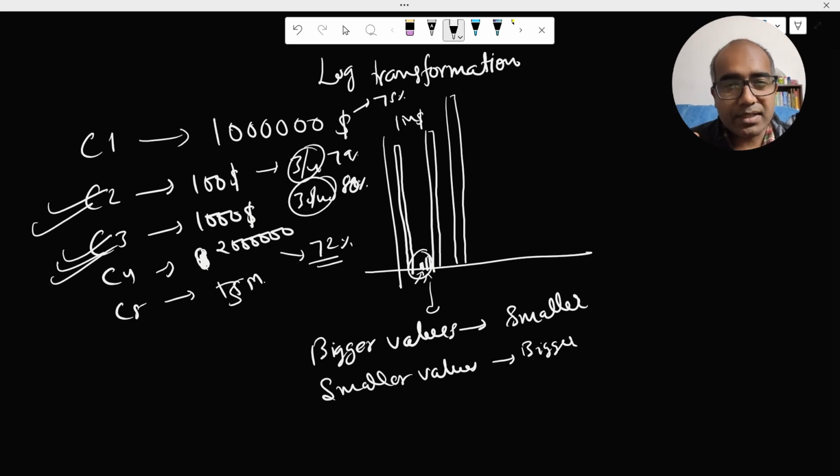You need a magical kind of glass. You can just assume that you have got a magnifying glass. When you put that magnifying glass onto this bar chart, whatever bars are bigger become smaller, and whatever bars are smaller become a bit bigger, right?